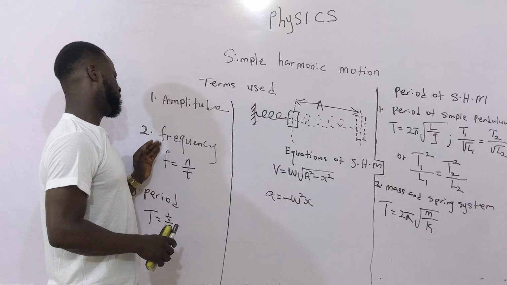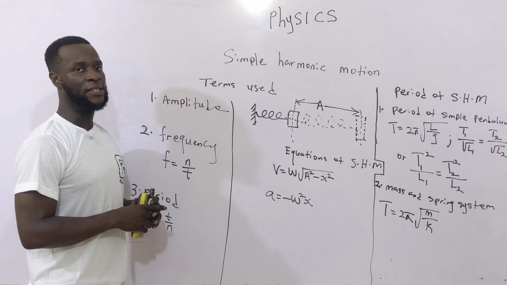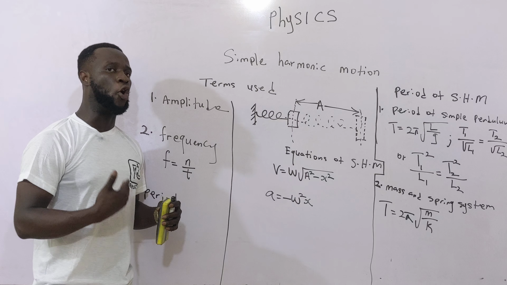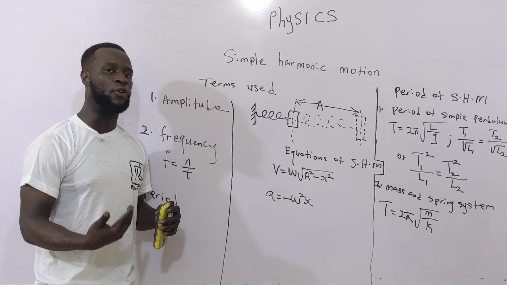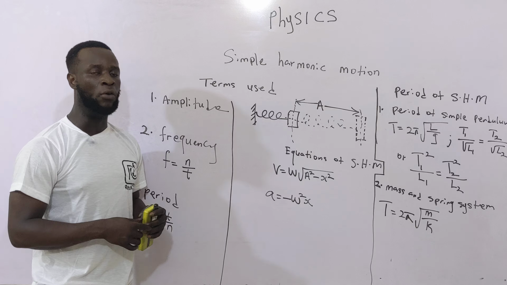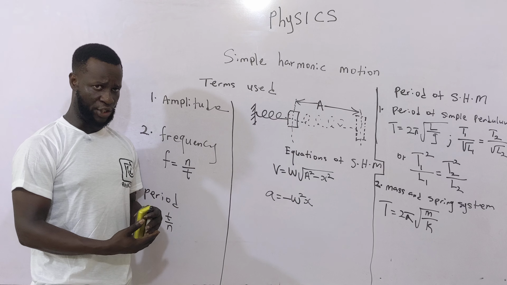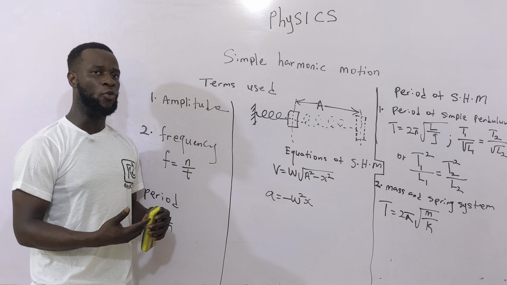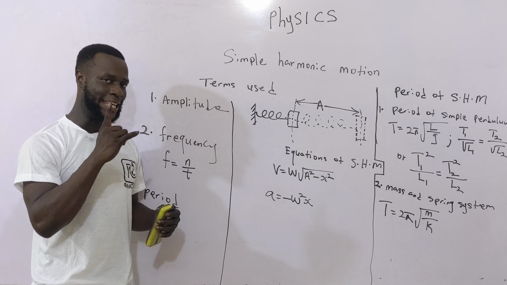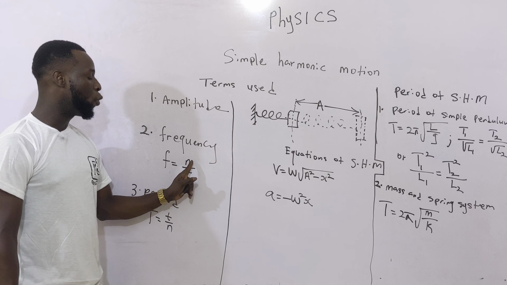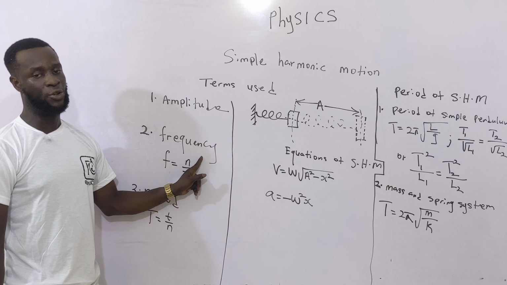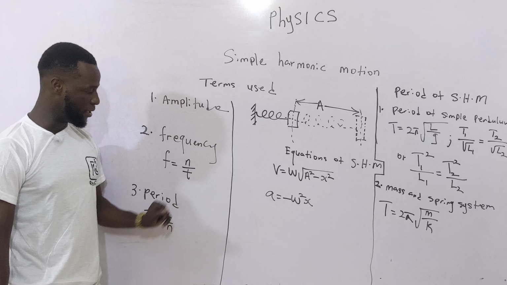The next thing is frequency. What is frequency? Frequency is the number of complete oscillations or complete cycles made per second, or the number of complete cycles it will make in 1 second. From that definition, I can get a formula for frequency, which is f = N/T, where N is the number of complete oscillations and T is the time.